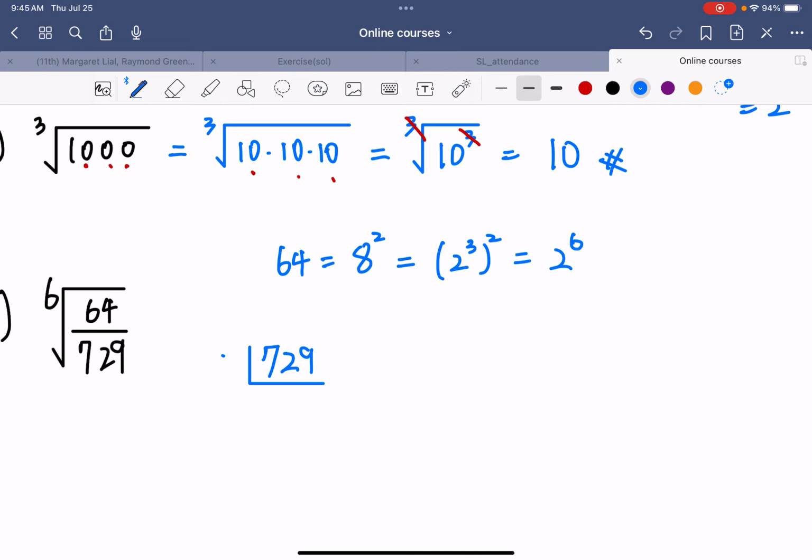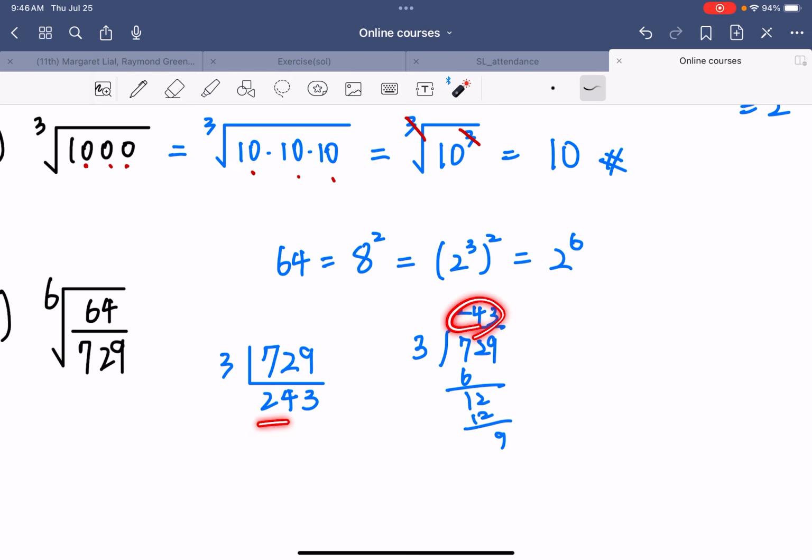Okay, for 3, we got this digit will be 2, 1 left, 4. Okay, 12 and 3. Okay, so it works. Actually, what I'm doing is division, like 2, 6, 12, 4, 12, 9, 3. So we got 243 here.